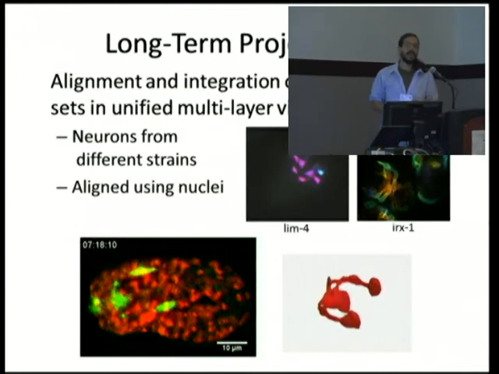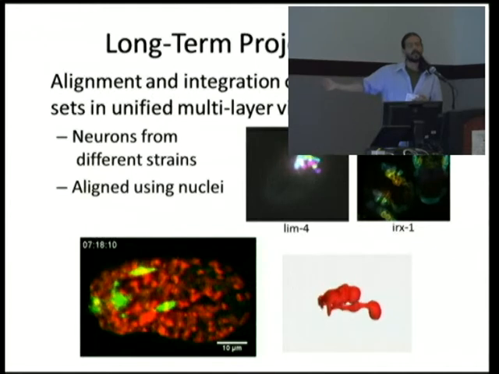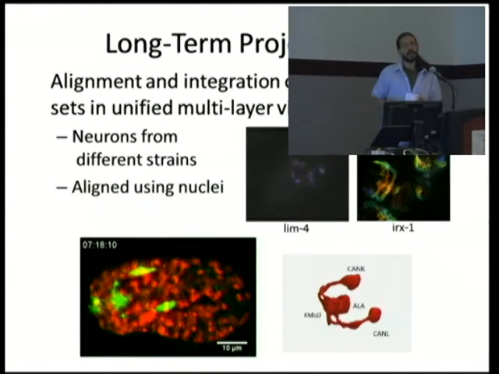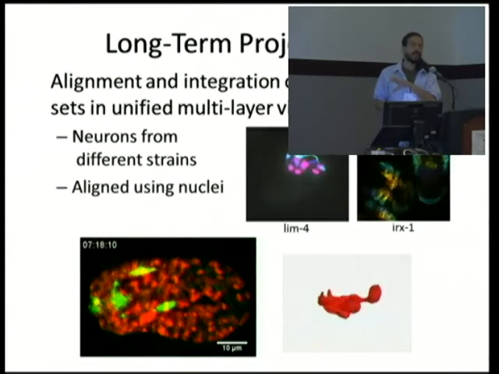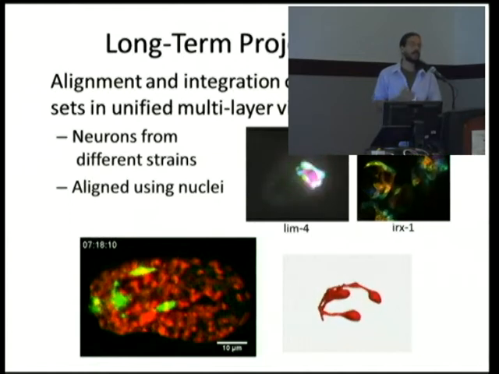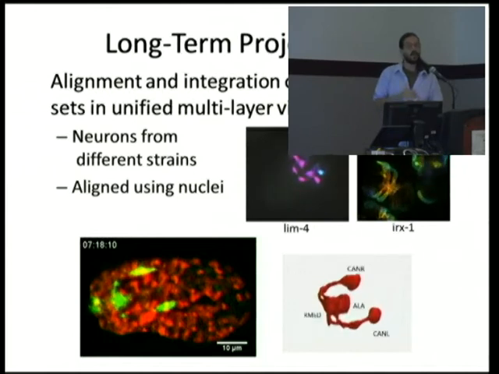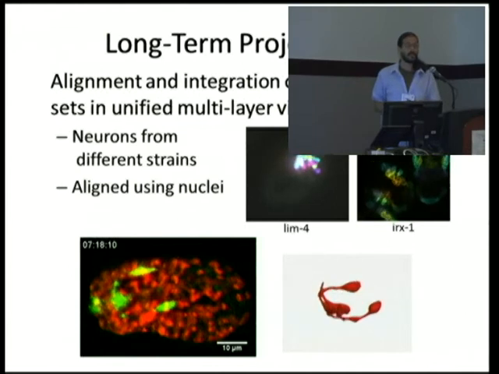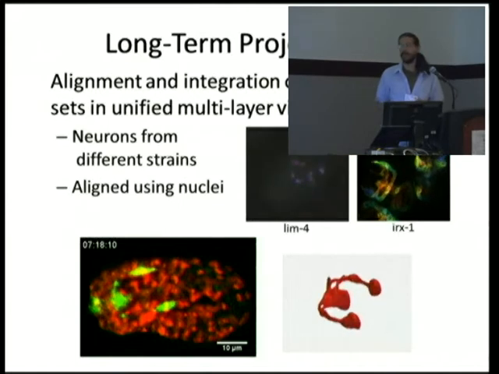And so the idea is that at the scale of hundreds of embryos, using different strains with different promoters that label different subsets of neurons, you'll be able to segment each individual neuron relatively easily because the images aren't very crowded, and then superimpose those different data sets using the nuclear positions as a guide, because you know not just where each nucleus is, but you actually know which individual cell identity each one has, because you're tracing them from the beginning, minute by minute.